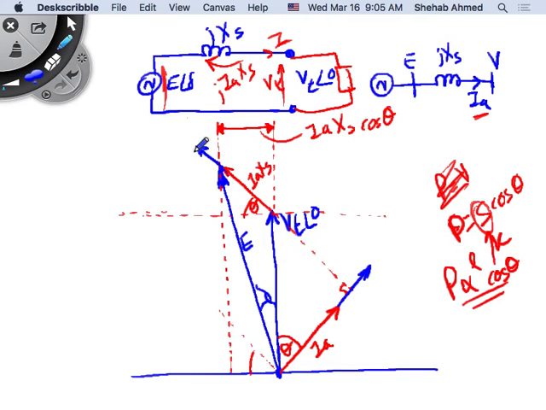So the voltage drop will increase, and the new E will be here. This is E2. Of course, there's a delta 2. Do we agree or not? My drawing, of course, doesn't show that right here, because I drew it by hand. So the delta 2 exists. But is there a big difference between delta 1 and delta 2?